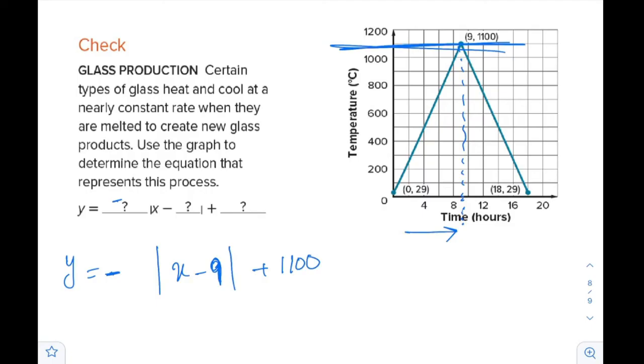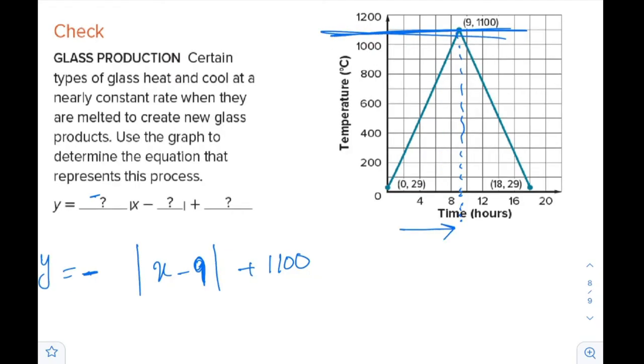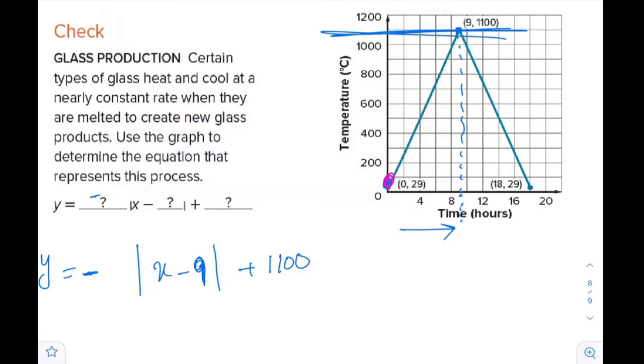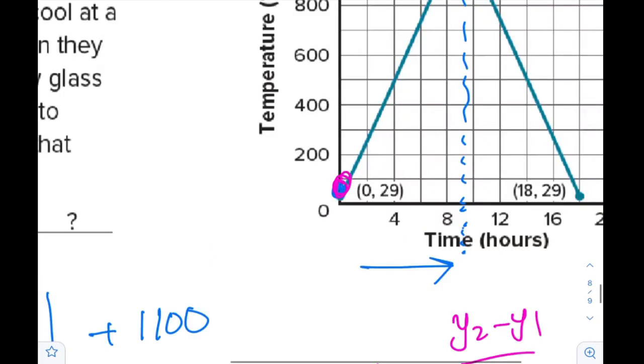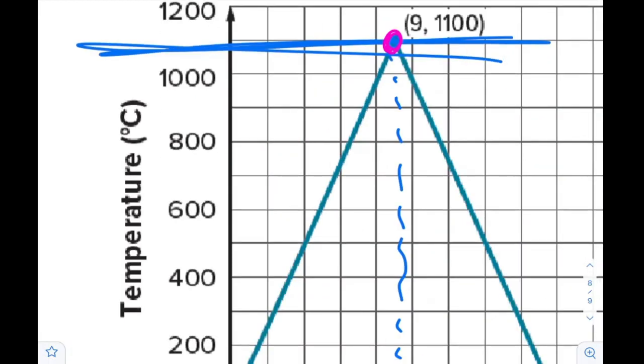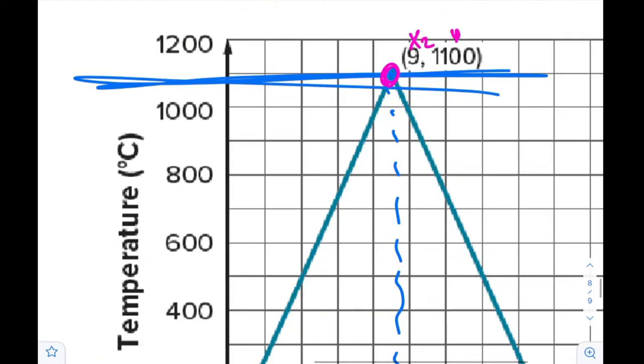Now, all that you need now is to find the slope. The slope can be found using the 2 points that were mentioned here. You can use this point with that point, which is better for calculation, and apply the slope formula. So we can choose that this is x1, y1, and the other one x2, y2.